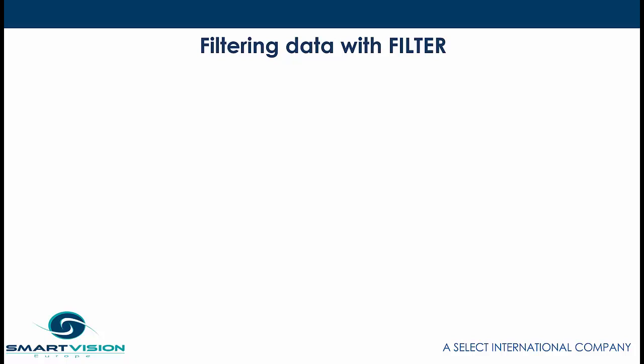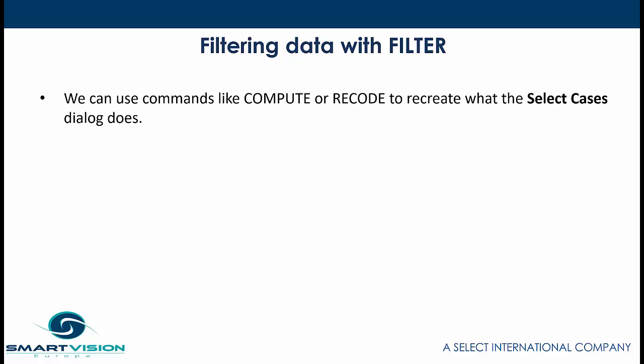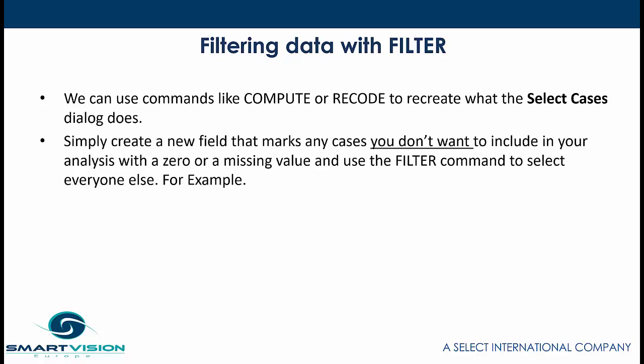And as we saw in the select cases example, when we paste the syntax, that's what it's doing in the background. But just to make it clear, we can do our own version of that. We can use commands like compute or recode to recreate what the select cases dialog does. We simply create a new field that marks any cases you don't want to include in your analysis with a 0 or a missing value, and then we use the filter command to select everyone else.